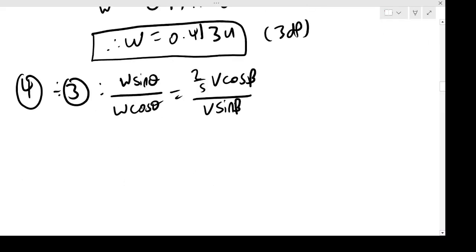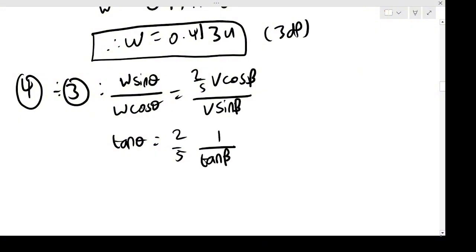And so, again, we're going to get tan theta on the left. Now we're going to get 2/5, and then we're going to get cos over sine of beta. Hopefully you recognise that's actually going to be the reciprocal of tan. If we were to flip this, we would get tan. So it's going to be 1 over tan.